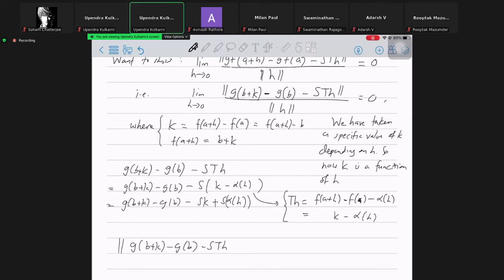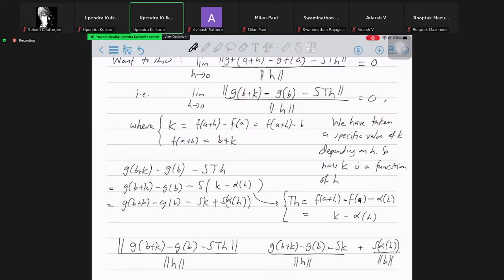So this divided by the norm of H is the same as G of B plus K minus G of B minus S of K plus S of alpha of H, all of that divided by the norm of H.